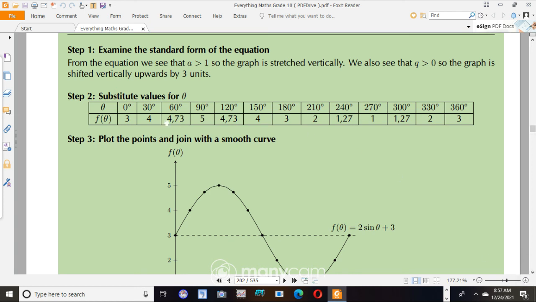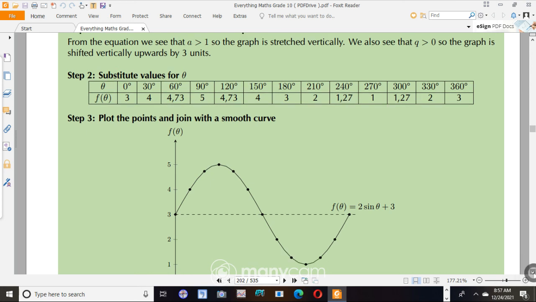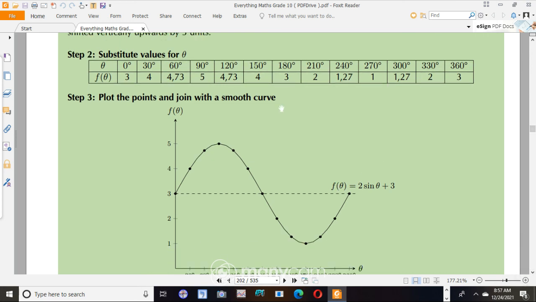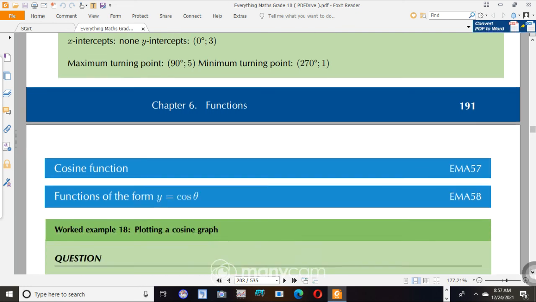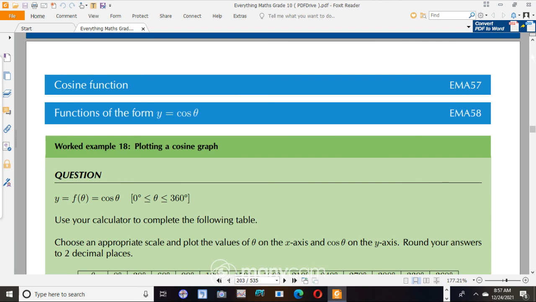Where is the minimum? Not 3, because the graph shifts up. The minimum value is 1. So the values are between 1 and 5. The y-intercept is (0, 3). The maximum point is (90 degrees, 5). The minimum point is (270 degrees, 1).